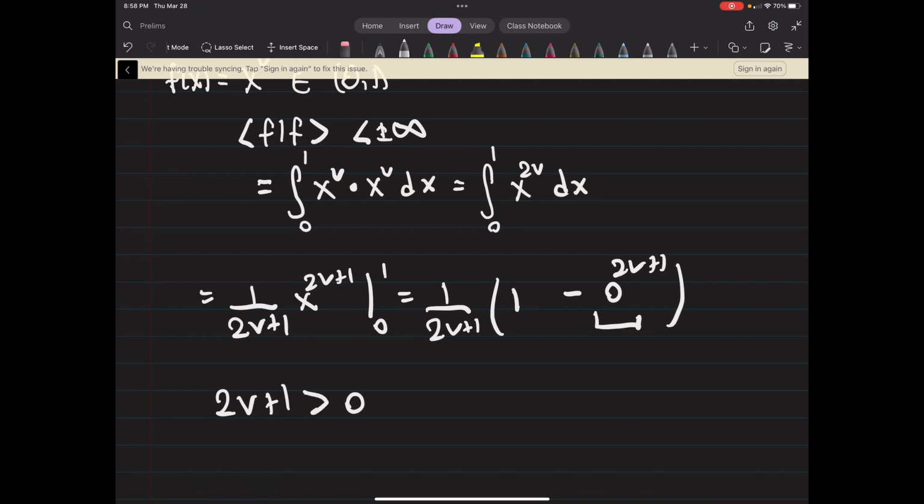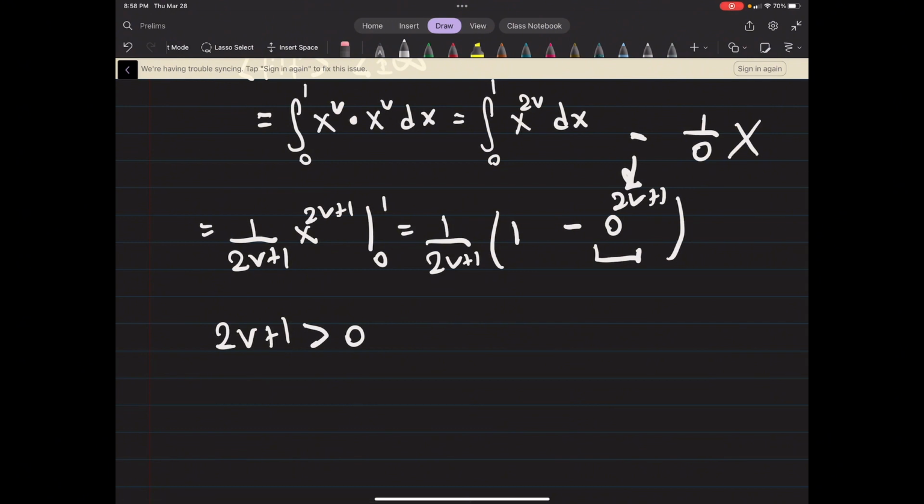If it's less than 0, then this number here will be negative and we'll have a 1 over 0, which is not what we want because that'll diverge. So that's why this is our inequality, and from here we can see v has to be greater than negative 1/2.